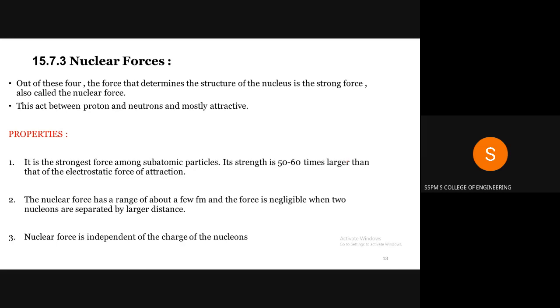It is the strongest force among subatomic particles. Its strength is 50 to 60 times larger than that of the electrostatic force of attraction. The nuclear force has a range of about a few Fermi, and the force is negligible when two nucleons are separated by a larger distance. Nuclear force is independent of the charge of the nucleons.